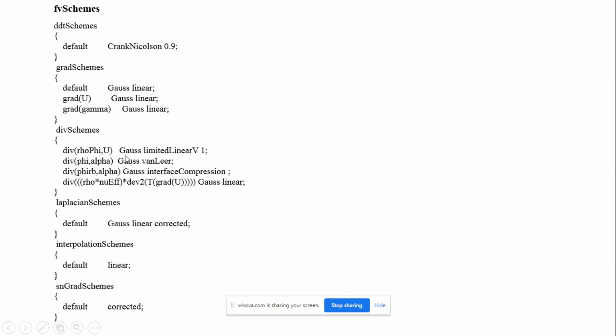I got two alternatives, Gauss limitedLinear01 and Gauss vanLeer. These are enhanced versions of Gauss linear, and with these we are getting a smooth simulation.